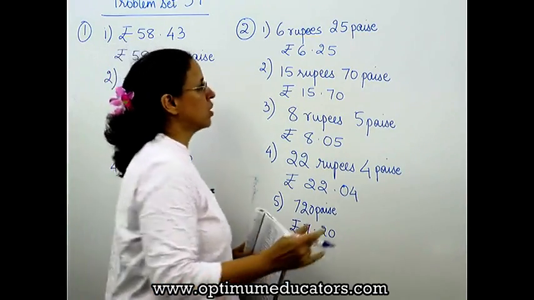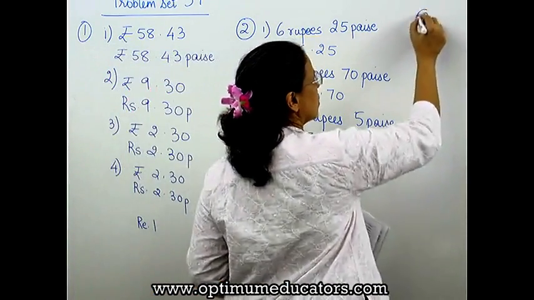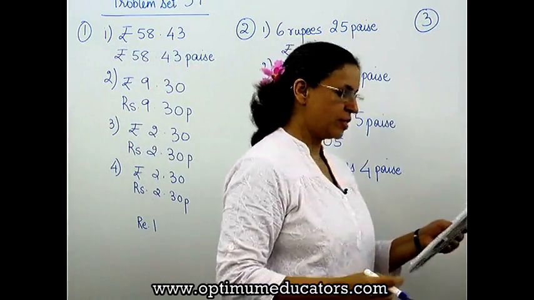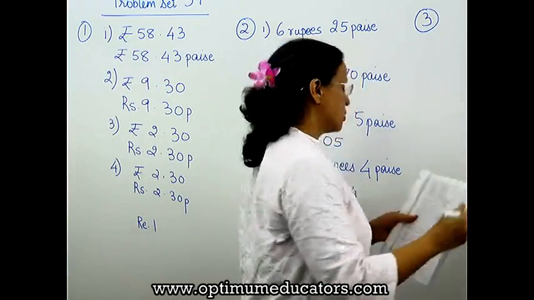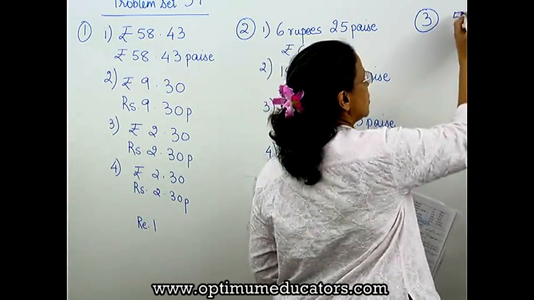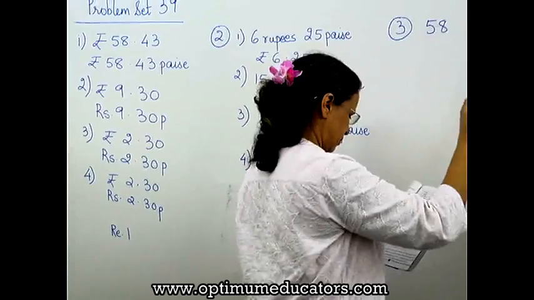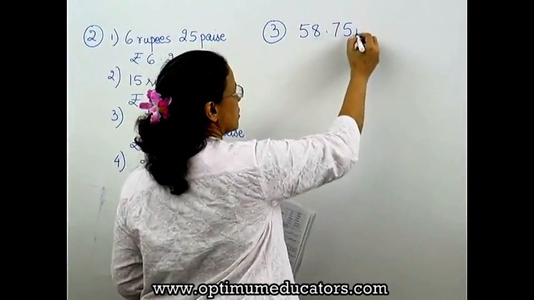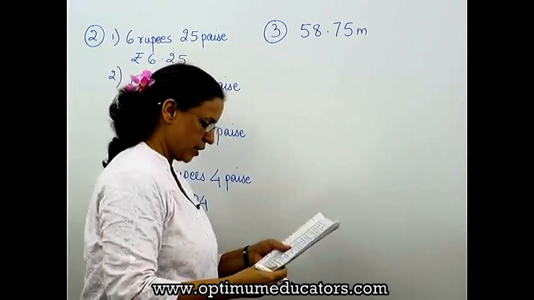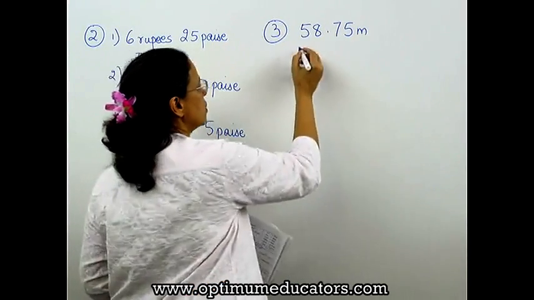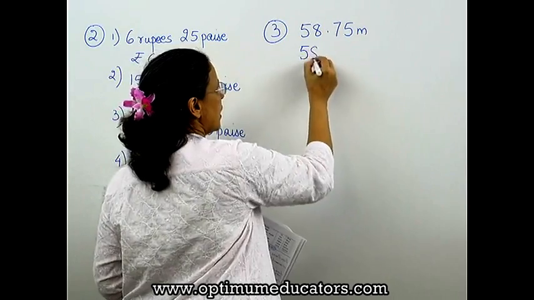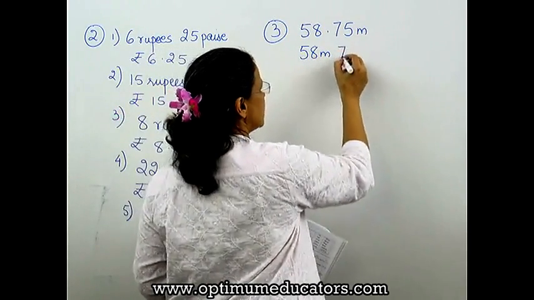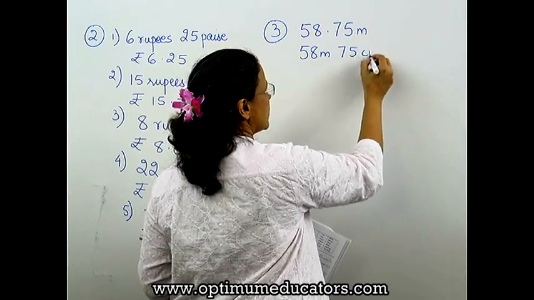Now we go on to the third one. Write how many meters and how many centimeters. So 58.75 meters. When it is written like this, what does it mean? 58 meters and 75 centimeters.